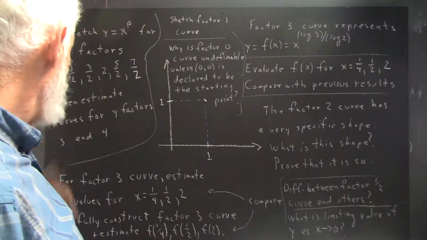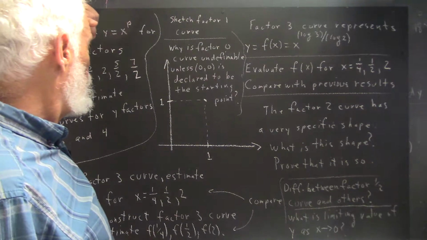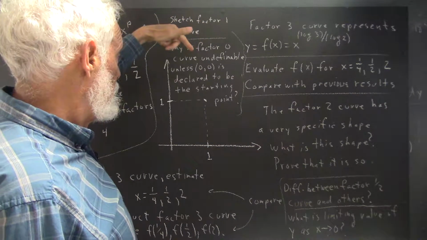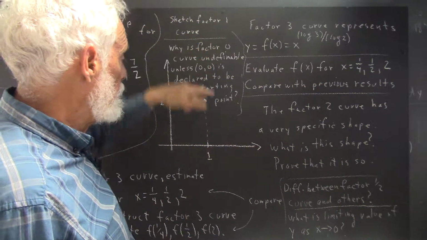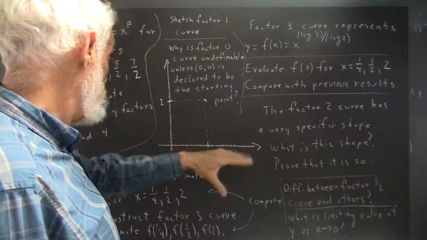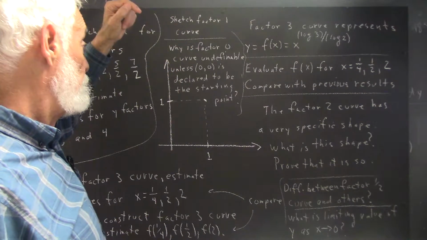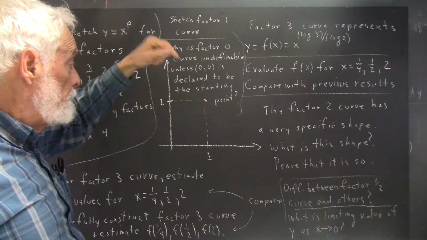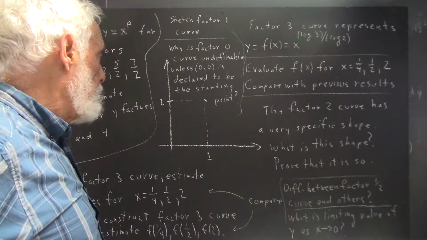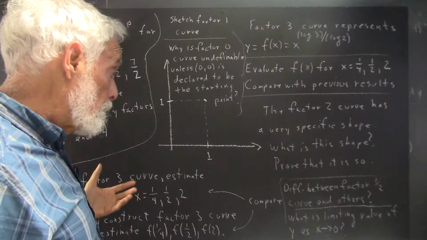And then one additional question. Why is it that the factor 0 curve is undefinable unless 0, 0 is declared to be your starting point? For example, we've used 1, 1 for the starting point on all these curves so far. Why is it that if we use 1, 1 as the starting point, we get something rather strange? And what is strange about it? Is it a curve?